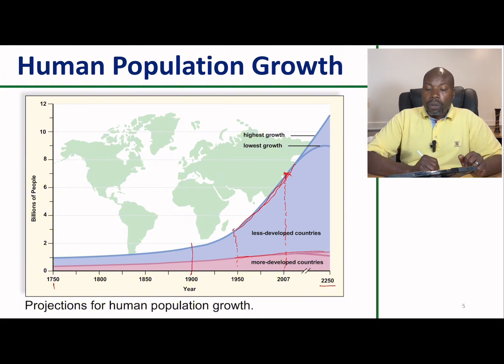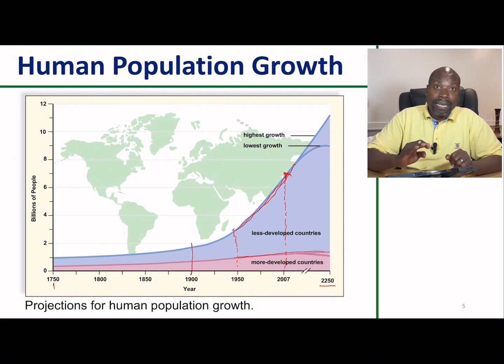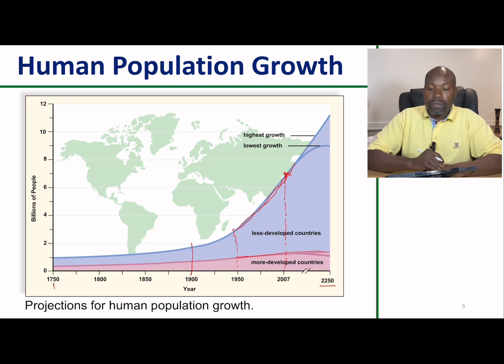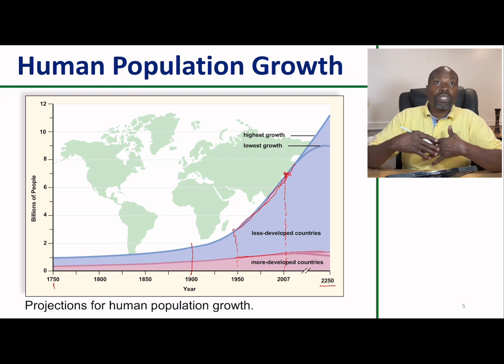Now, when you compare less developed and developed countries, you can have the impression that the population in more developed countries did not grow significantly, but it did, right? It did. So I don't want you to have the impression that it did not grow. Yes, it did. And actually, as a matter of fact, if you consider a country like the United States, even though we consider that the growth rate has tremendously decreased, the population in the United States is still growing, right?